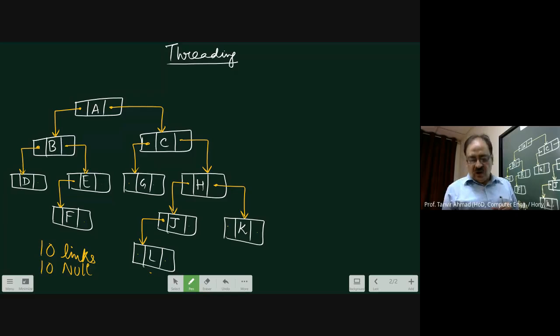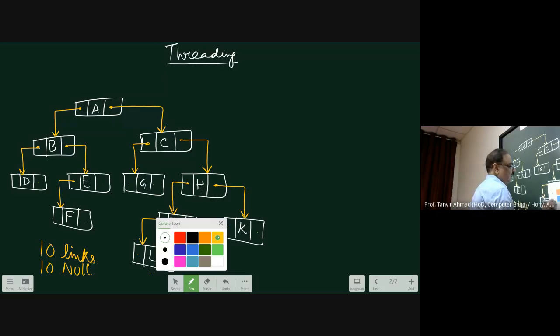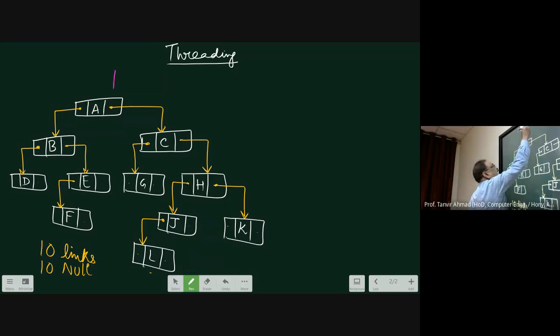Now, I'll show you how to perform a thread. Before we do this, we are going to take a header node. You just try to understand the concept. I take one header node. This node is called the header node, which contains a pointer like this, and in this one, there will be a null.